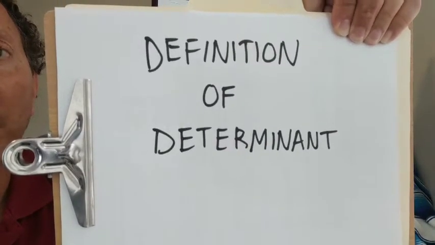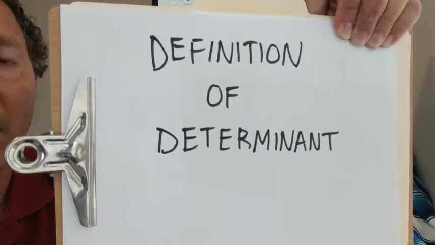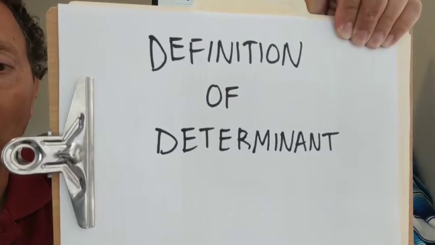The determinant is a function on square matrices that tells us whether a matrix is invertible or not.